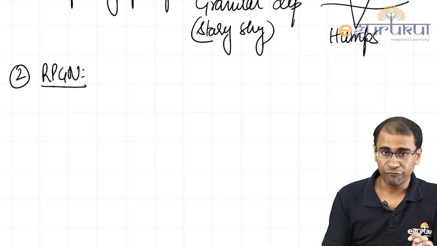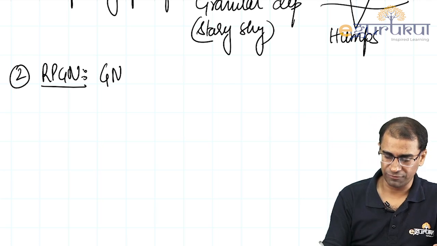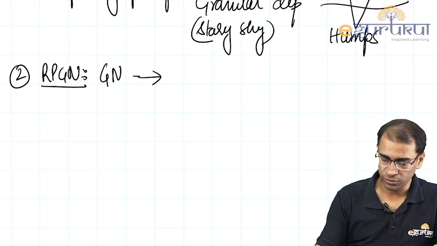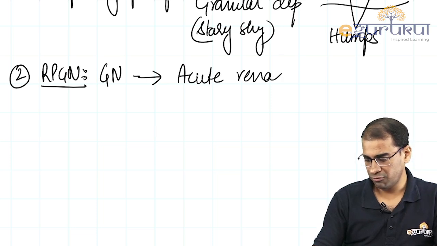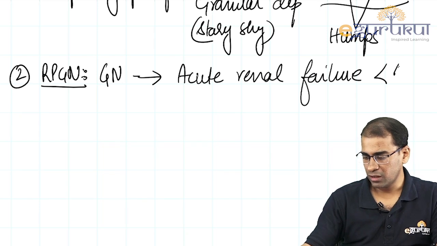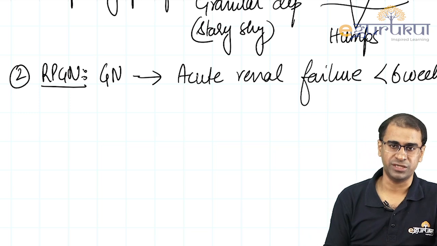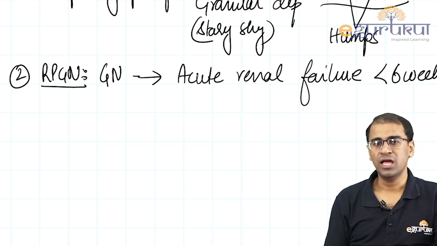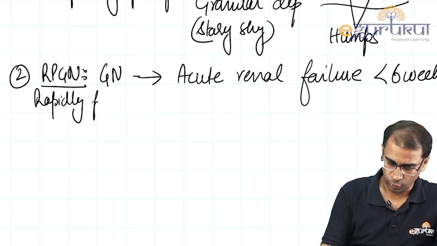RPGN. First of all, remember, those diseases which cause any glomerulonephritis leading to acute renal failure within a period of 6 weeks will be called RPGN, rapidly progressing glomerulonephritis.